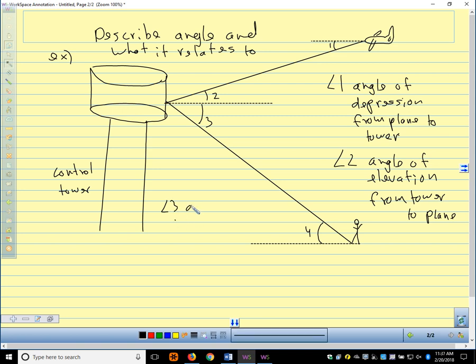Angle 3. From what to what? Tower to the ground or tower to the person, however you want to talk about it. And how about angle 4? Angle 4 is up, so it's going to be elevation. From the person to the tower, from the ground to the tower, something like that.